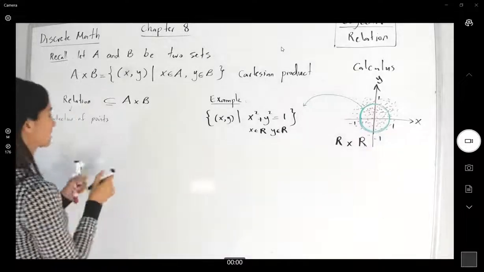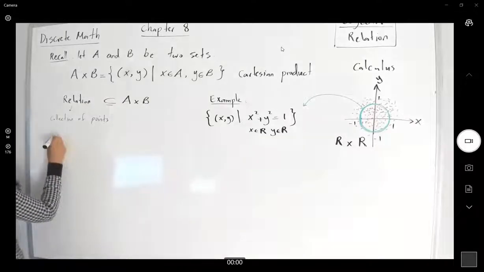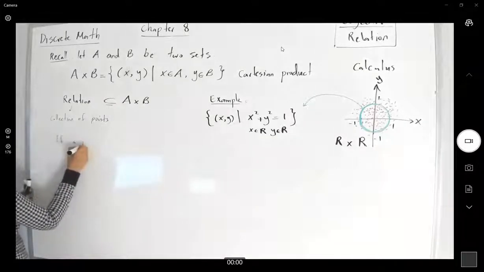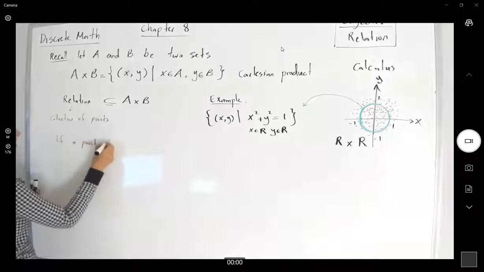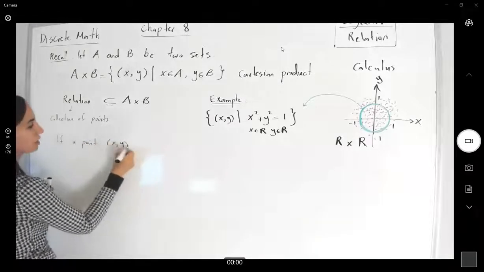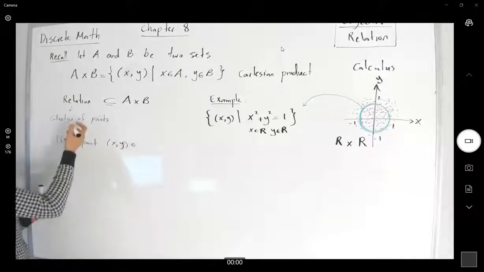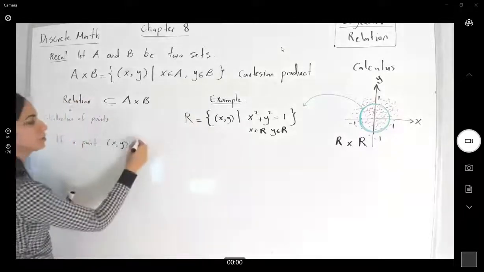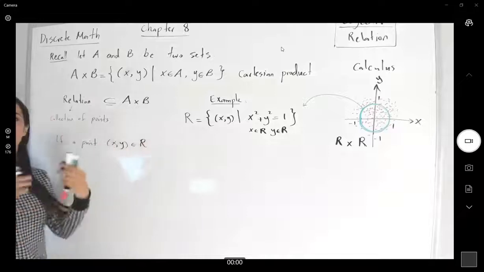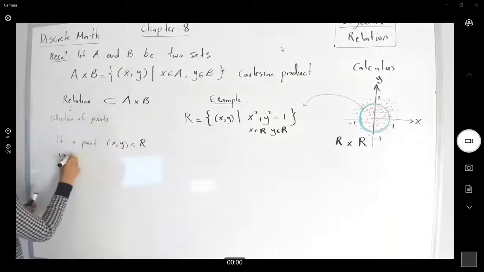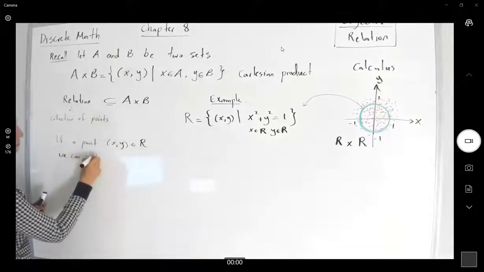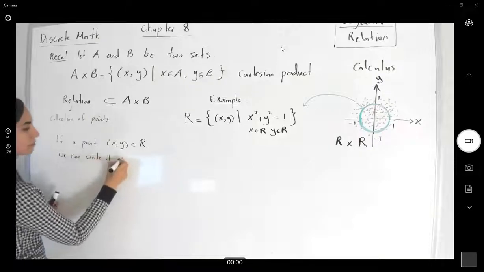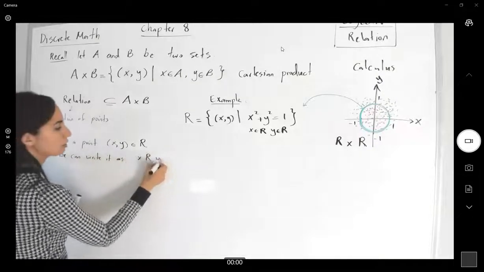Also recall that we said if a point like (x, y) belongs to a relation, let us call the relation R, we write it this way: x R y.